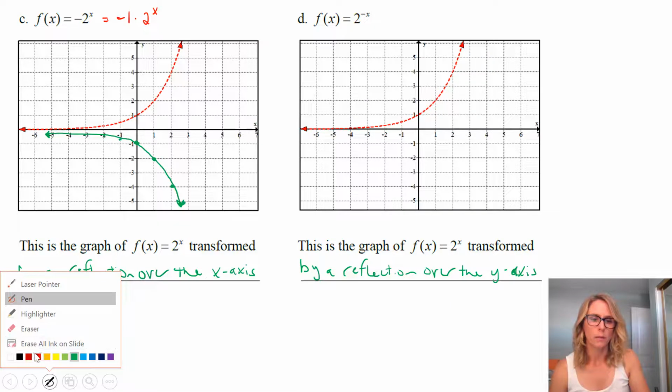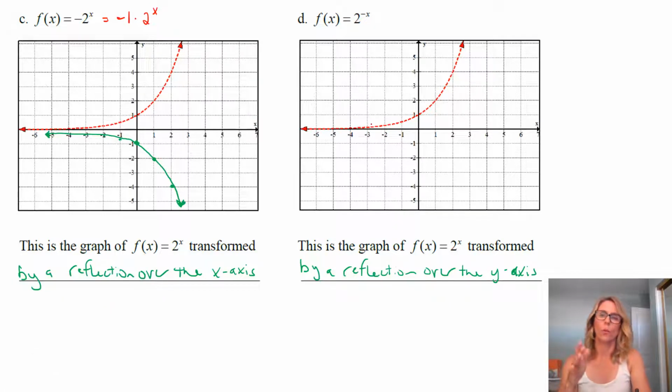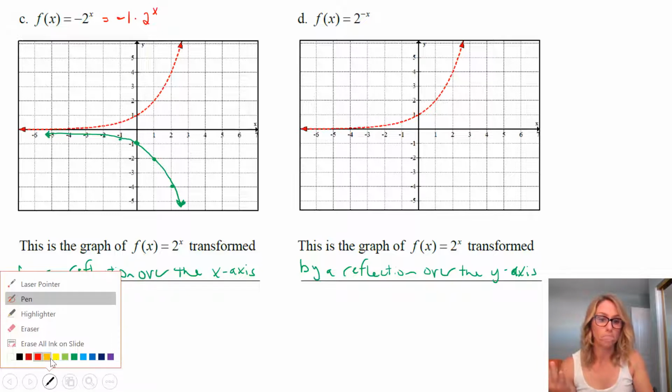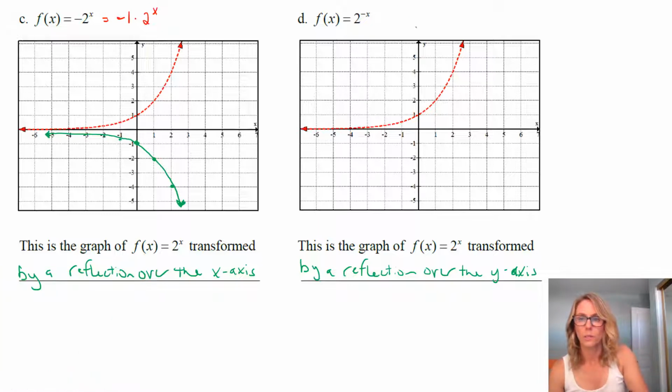So we're affecting the x value. So notice when we put in, for example, 0, we still actually get the same value. So that's kind of exciting. If I put in 0 for x, I'm still going to get 1.